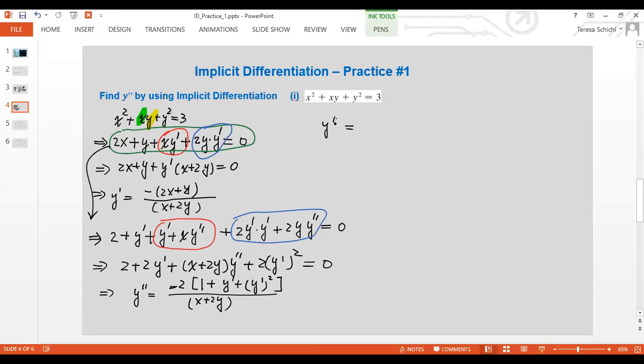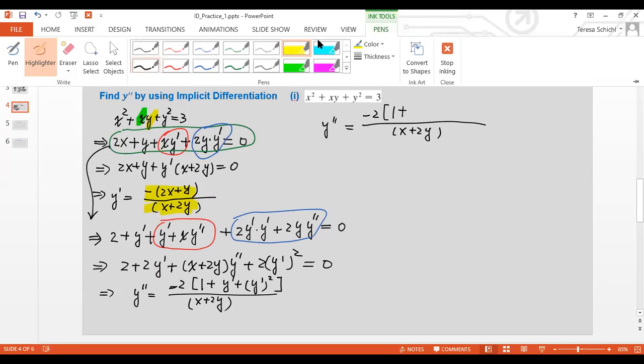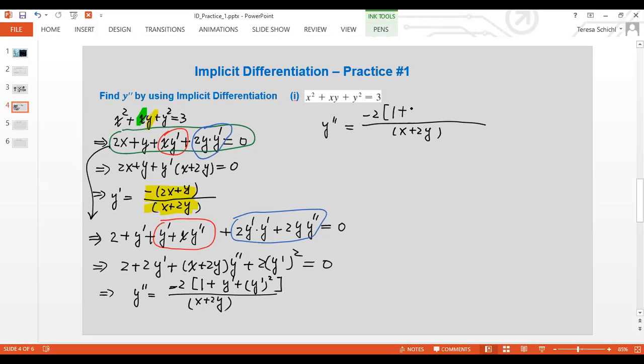So here the y double prime will be equal to, this is x plus 2y, then this is negative 2, then this is y plus. What is y prime? Y prime is here, right? So this is what we get here. So this one's here, y prime will be negative 2x plus y over x plus 2y, correct? Then plus y prime square.